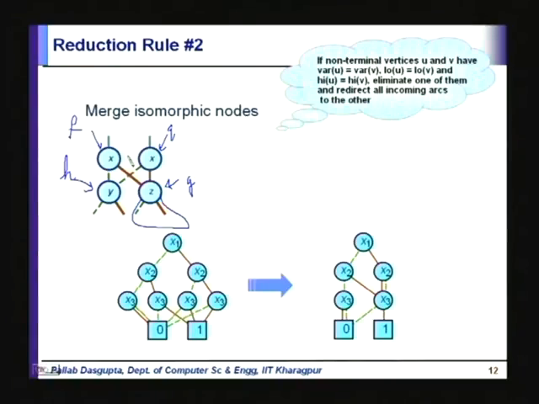Now this is what is happening with these 3 vertices. You see, their 0 edges are going to 0 and the 1 edges are going to 1 for all 3 of them. So all 3 of them represent the same function.